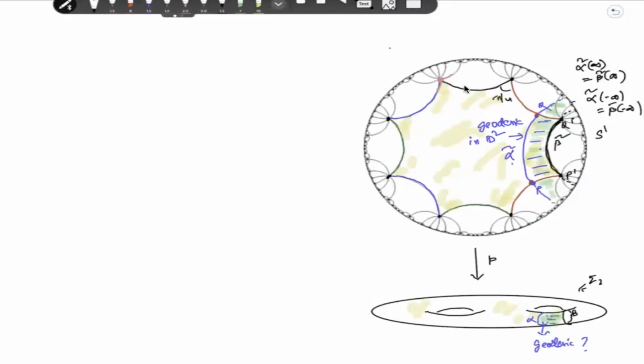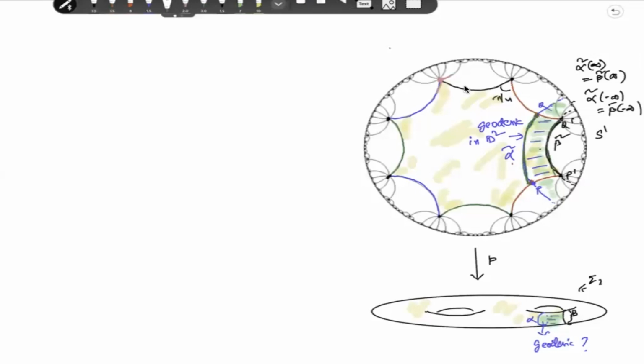Now the endpoints coincide, and this D2 is a uniquely geodesic space. Therefore alpha tilde and beta tilde should also coincide, but that is not the case. As per the picture here, the length of this part of alpha tilde is greater than the length of the corresponding part of beta tilde.